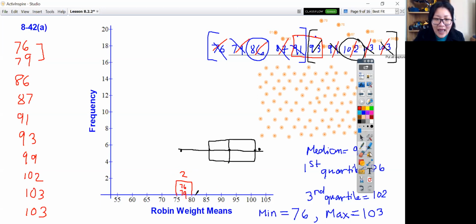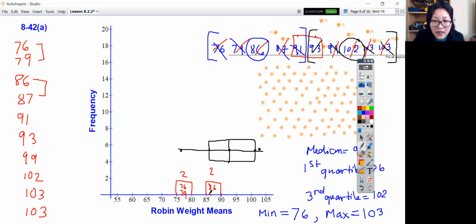Next bin, I have the numbers starting from 80 to anything lower than 85, I have nothing. Next, from 85 to any number lower than 90. So I have 2 of them. I have 86 and 87, okay?